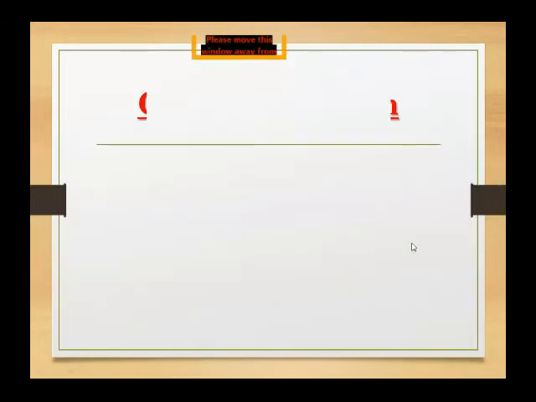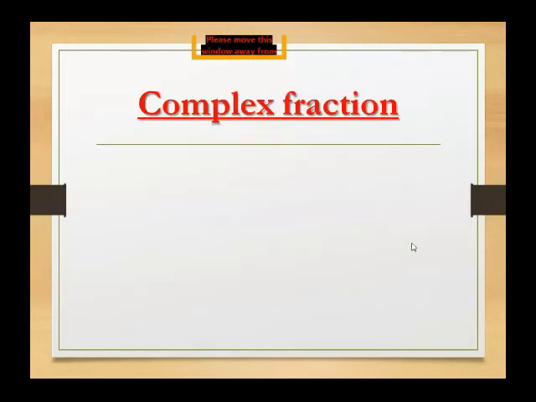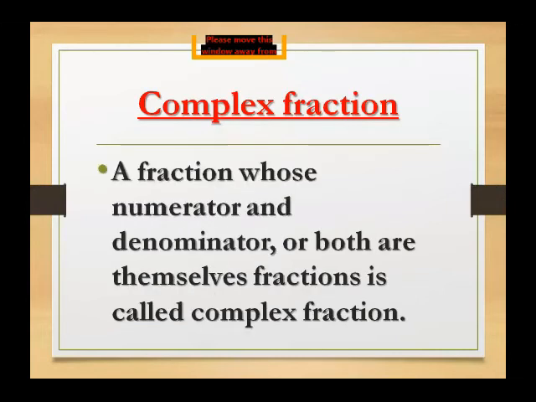Now move towards the next topic, that is complex fraction. A fraction whose numerator and denominator are themselves fractions is called a complex fraction. As we all know, a fraction contains two parts, numerator and denominator.